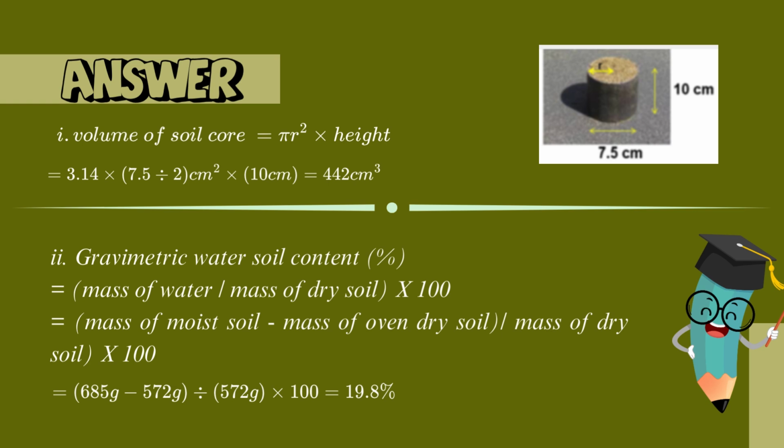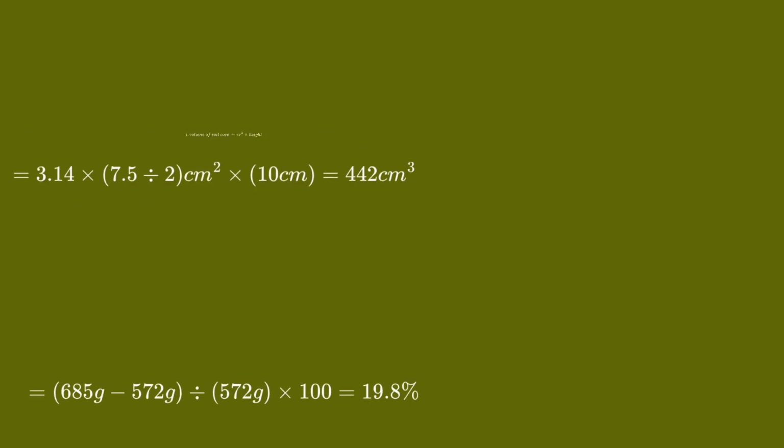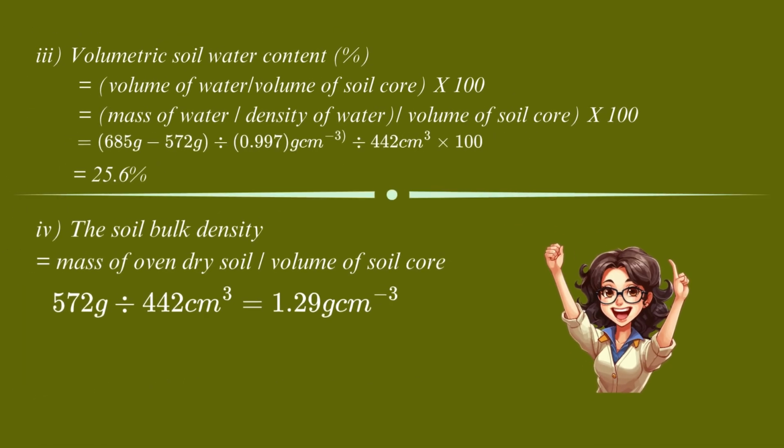Using the formula, mass of moist soil minus mass of dry soil, divided by mass of dry soil and multiply by 100, we find that the gravimetric water content for this soil sample is 19.8%.